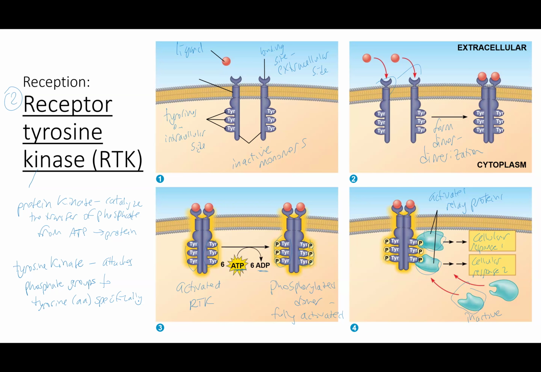When we talk about these different kinds of receptors, I don't think we talked about that. I'm going to just talk about that too. Sometimes they don't work right, and when they don't work right, that's a problem because messages aren't getting sent, which means cellular responses are not happening right.